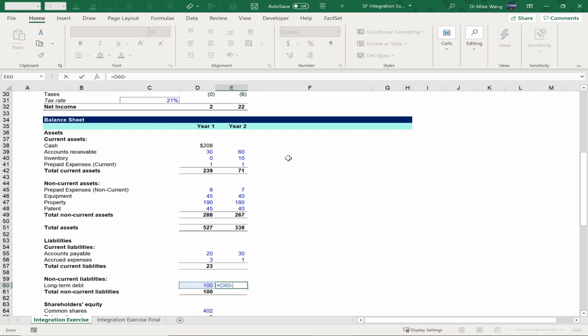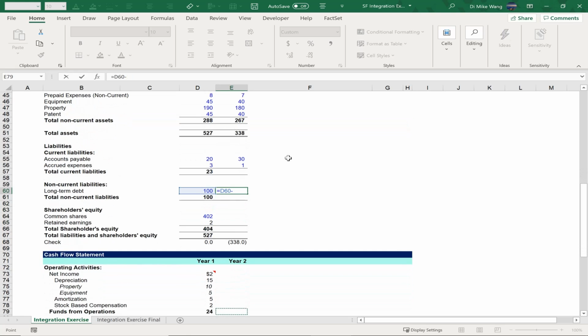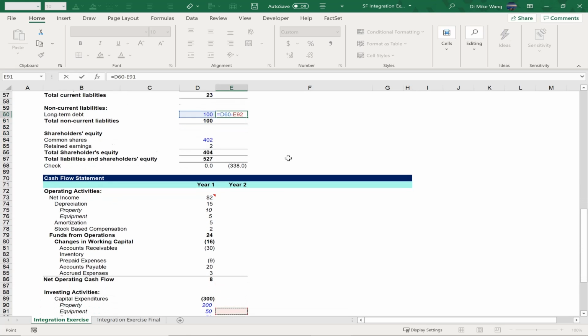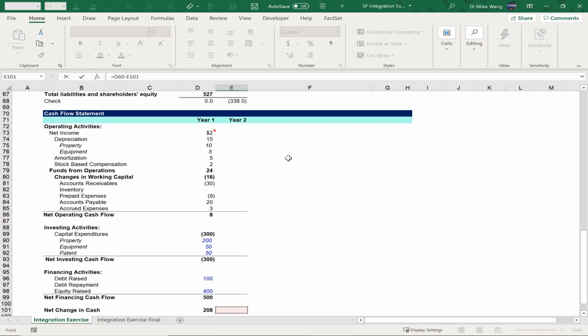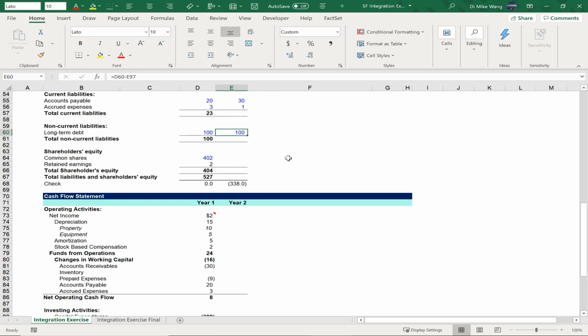So again, we're going to link up the repayment amount from our cash flow statement. So let's go down. We actually have a line here that's debt repayment. Okay. And then our total non-current liabilities is just going to be this number right here.